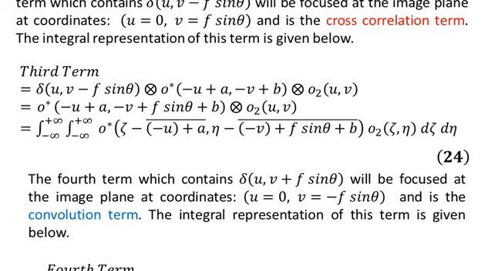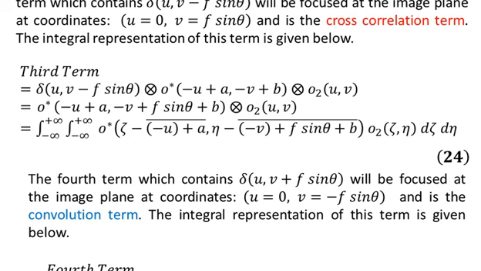And you know that this convolution can be represented in terms of integrals. So we have the double integrals, and then we have the object O with the coordinates zeta minus, within the parentheses, minus u plus a. We have placed a bar over here because we have a negative sign outside that one, and then we have another term, eta minus, again with a bar, with the terms within the parentheses: minus v plus f sine of theta plus b.